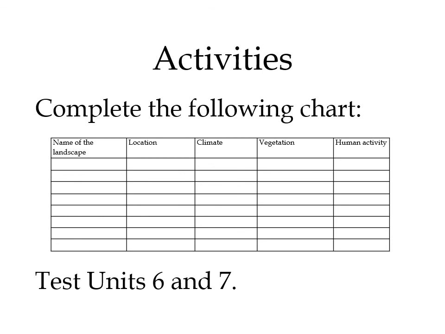You have this chart larger in the Google Drive. And you need to do an online test of Unit 6 and 7. Remember that this is not an exam, it's just a check and another activity, but it's important for you to do it.